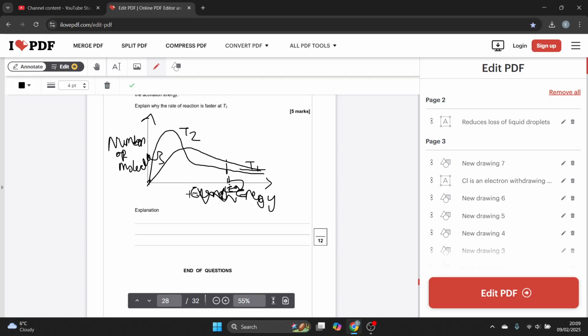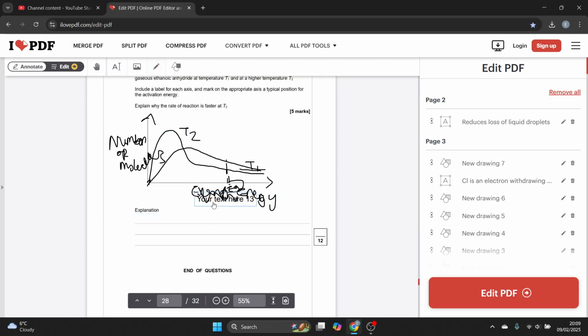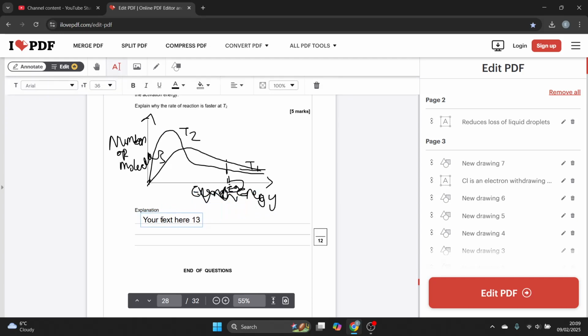Explain why the rate of reaction is faster at T2. At T2, more particles have energy greater than or equal to the required activation energy.